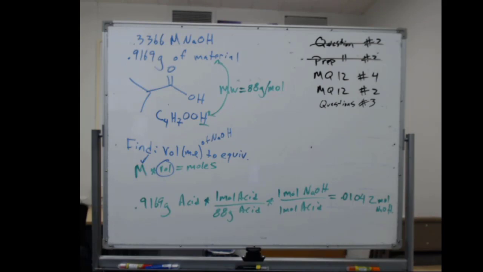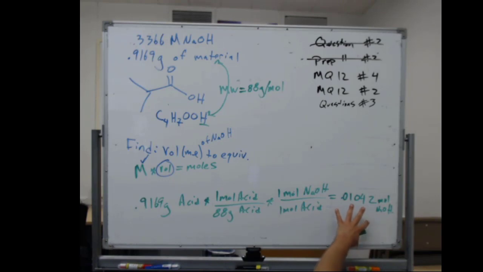Now, we'll get into this much more in Chem 126, 129 if you're taking those classes. And if you're not, this explanation is good enough. That is, monoprotic 1-to-1, diprotic 1-to-2.